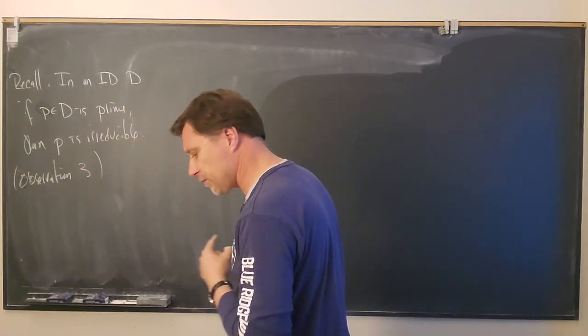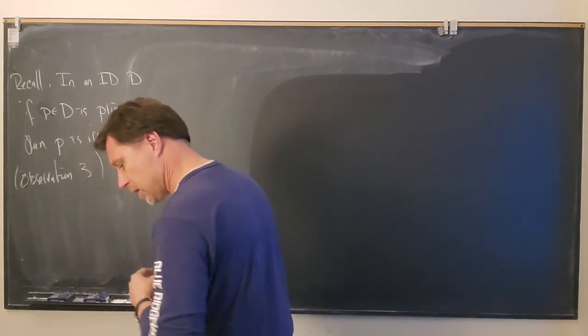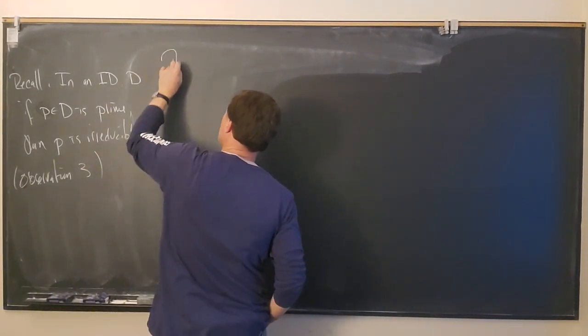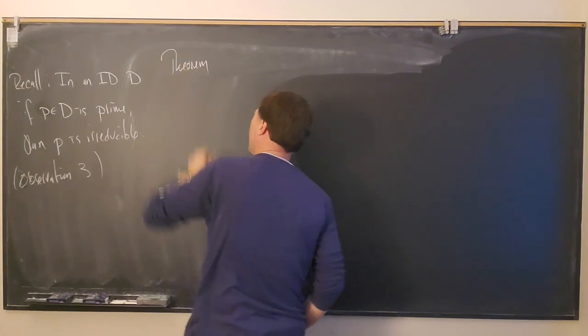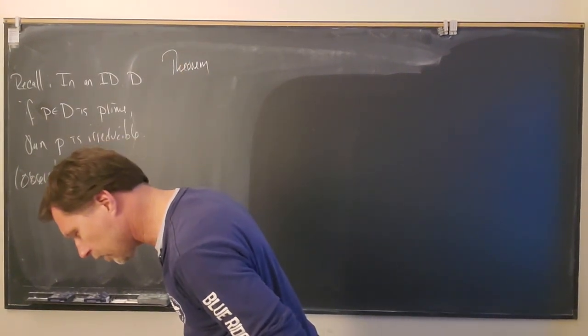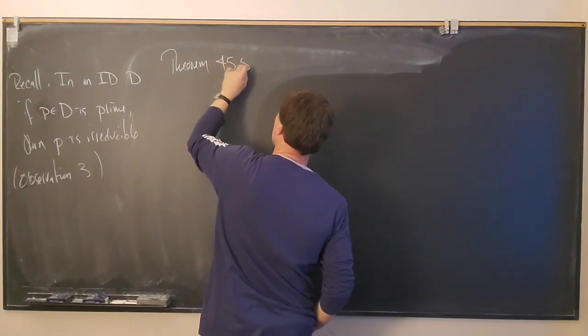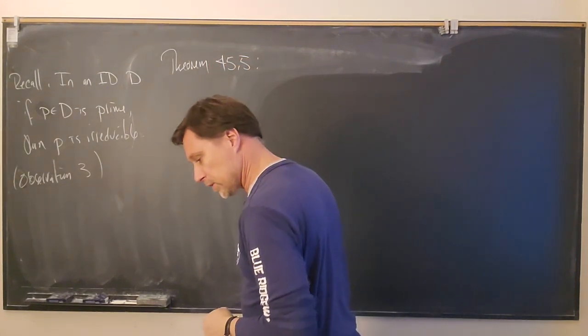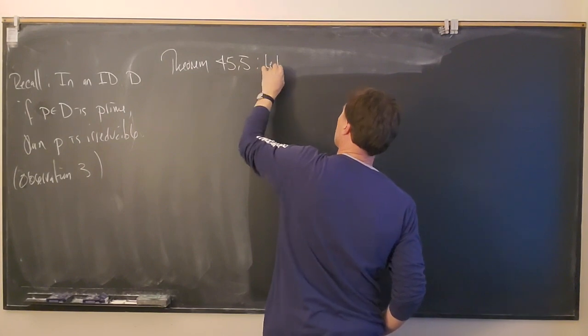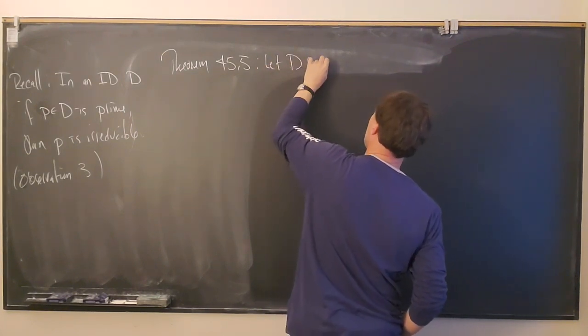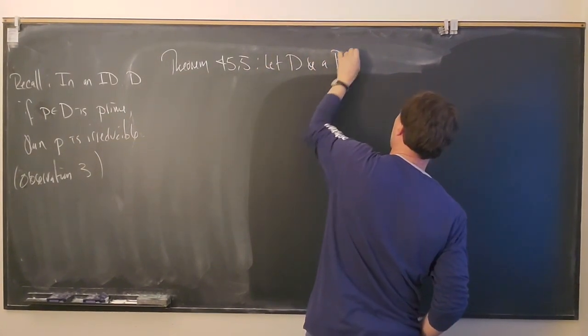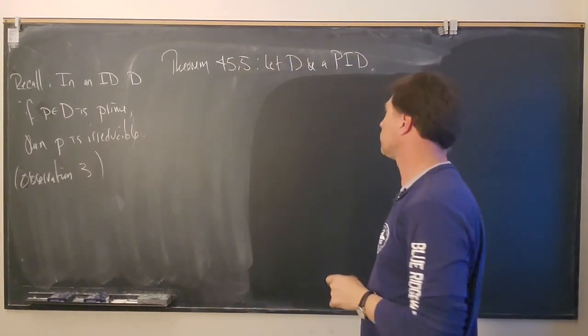And there's a reason for that, and that is going to be this theorem right here, theorem 45.5. Let D be a principal ideal domain.